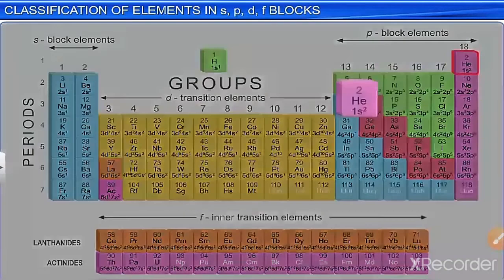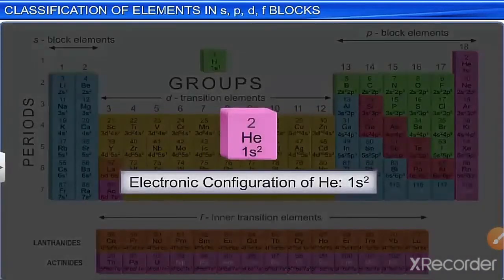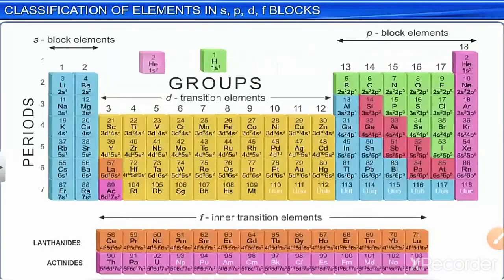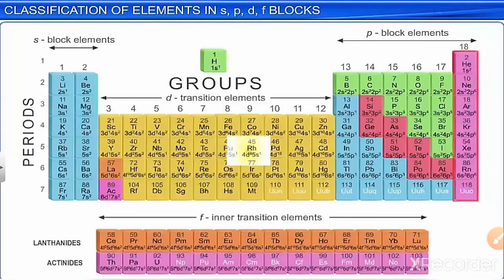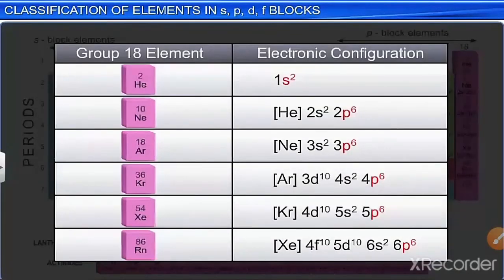S is on the extreme left, P on the right, and helium, you can see, is an exception. It should be placed in the S block, but the properties of helium are more similar to those of the noble gases neon, argon, krypton, xenon. So it's placed in group 18, and these are called noble gases as they have stable electronic configuration.